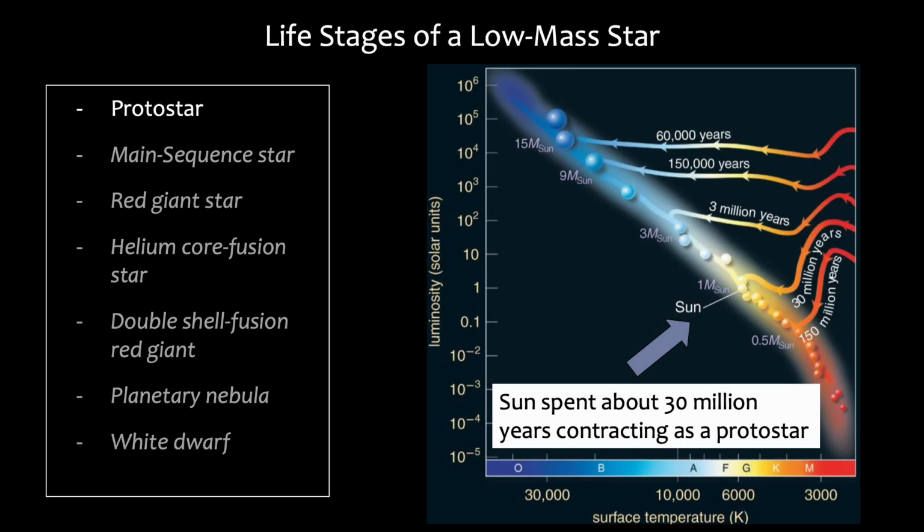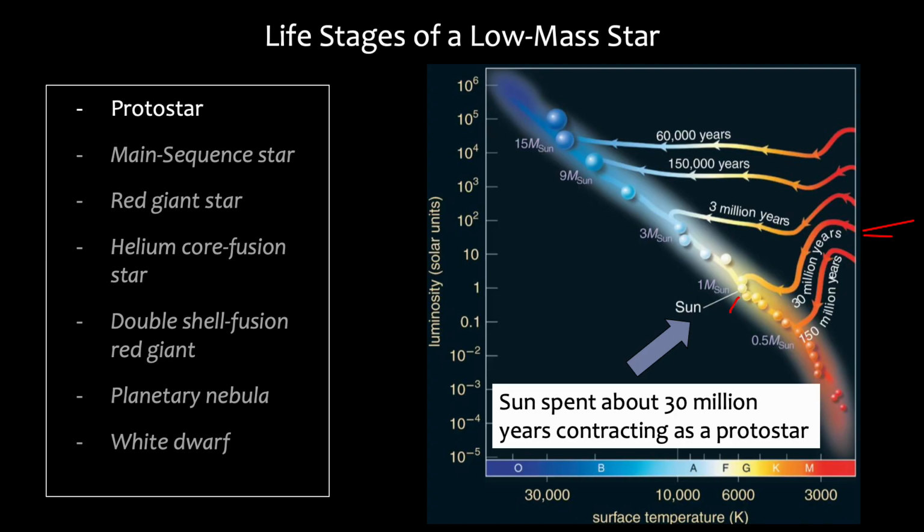The next slide shows the evolutionary path of a sun-like protostar taking about 30 million years to reach the main sequence, right here. And it starts right here, with gravity pulling masses together in the cloud, heating up, but also contracting rapidly.